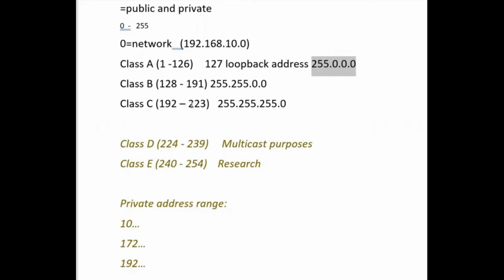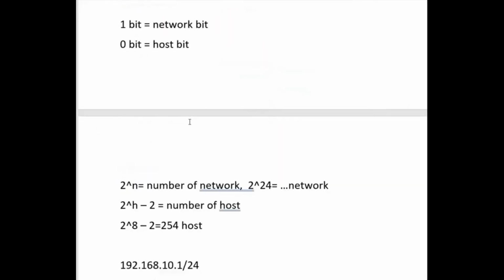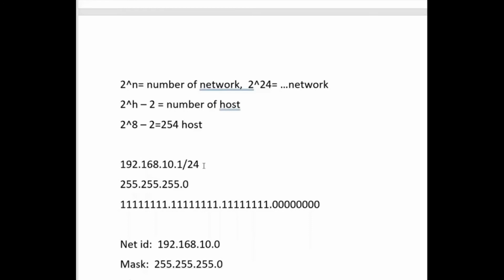Let's have a look at the class C addresses. See, this is the class C address. So based on that information, this is the class C subnet mask. But for the class C subnet mask, if you do the binary, what is the binary of 255? It will be all 1s, 8 bits, then another 8, then another 8.